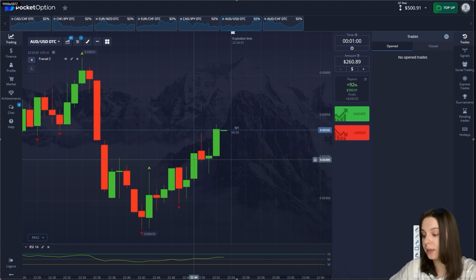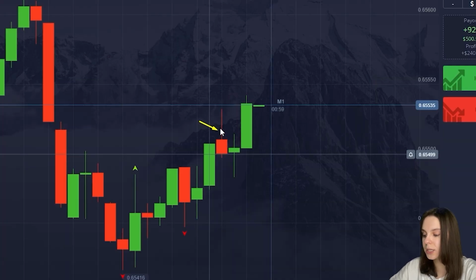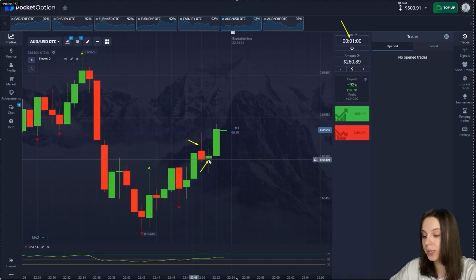When opening a transaction, be sure to watch the time until the end of the candle. Let's say there is a minute, for example, or 30 seconds before the end of the candle. It turns out that your trade is closed on the next one, not the one you opened on.